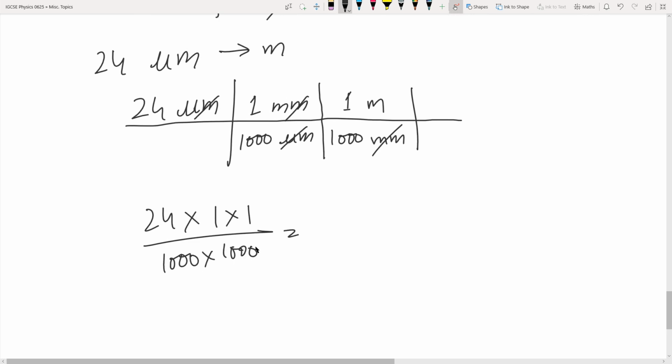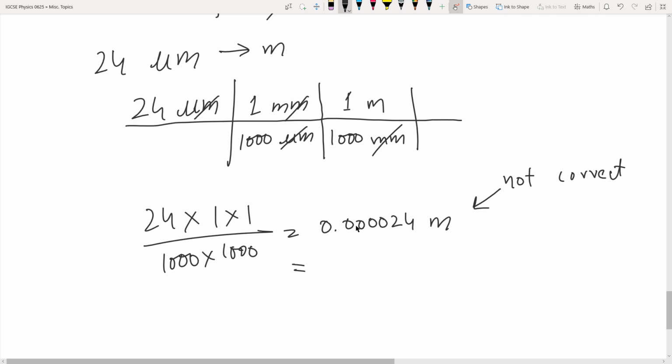So this is going to be 0.000024 meters, and this is not correct. Why is this not correct? It's not the numerical value which is incorrect, it is the method with which I wrote this number.